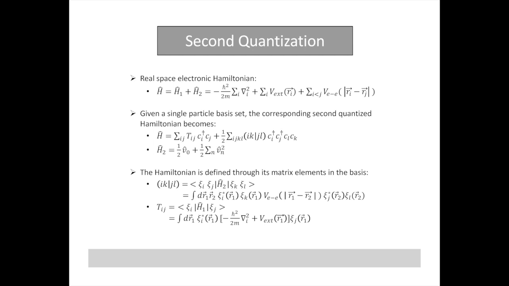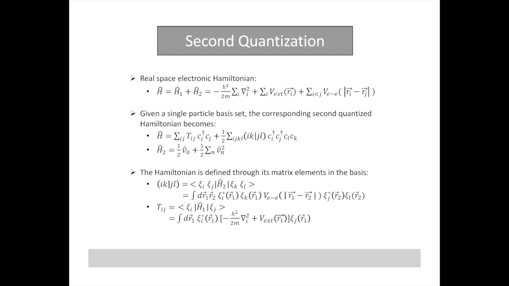It doesn't matter. Then, given a single particle basis like we defined before, we can turn this operator into second quantized notation, where now all the information of the Hamiltonian is encapsulated into two tensors. What I'm defining here as the Tij is the one-body part of the Hamiltonian.